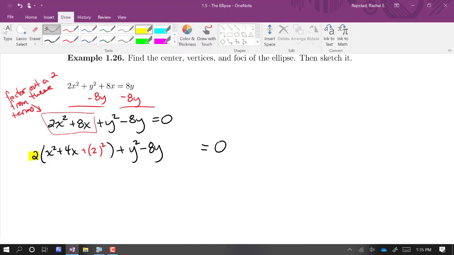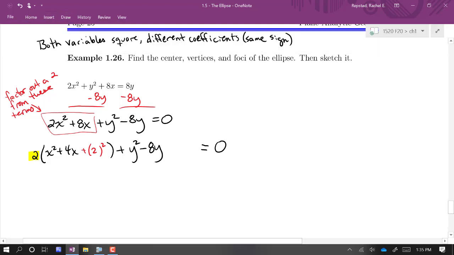So that when I add the same thing to the other side, I'm going to have to bring that over. Plus 2 times 2 squared. So this factor of 2 comes from this factor of 2 that we took out of the parentheses. And then for the y's, we're going to add plus a negative 4 squared, and then plus negative 4 squared.